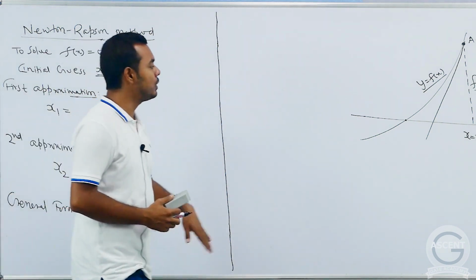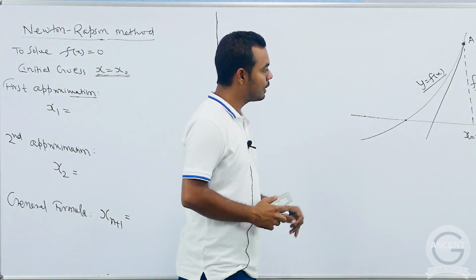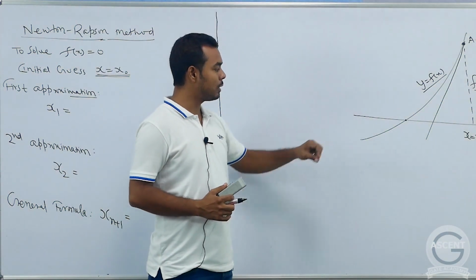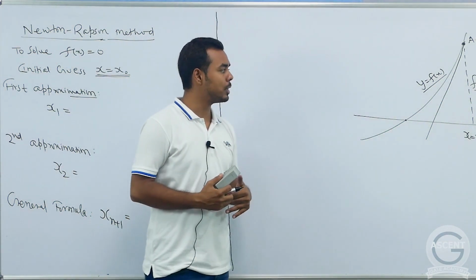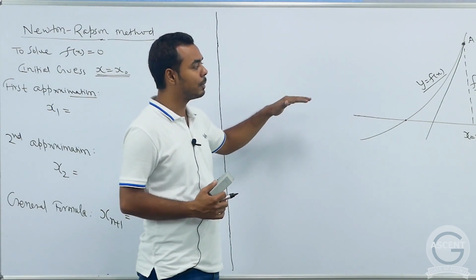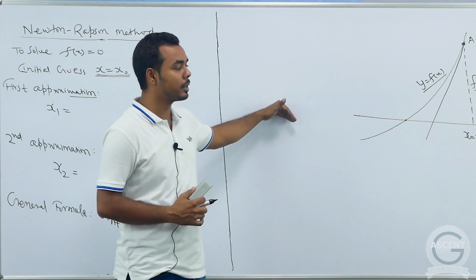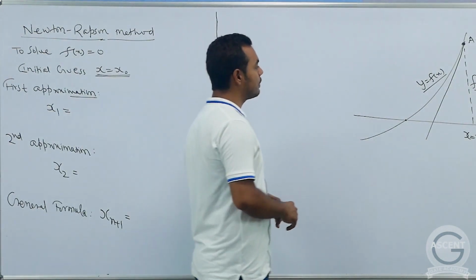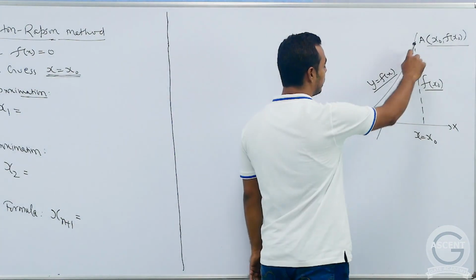So first we are going to see what the approach is in the case of the Newton-Raphson method. In bisection method we were calculating the midpoint. In regula-falsi method and secant method we were joining the points A and B by a straight line, and the point where the line was crossing the x-axis was our first approximation. Now here, suppose this is the graph of the function y = f(x).